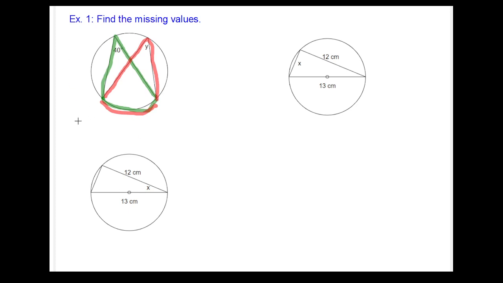And so in this case, we could just say that y is equal to 40 degrees. Let's try that again. Y is equal to 40. And we should maybe give a rationale why this is true.